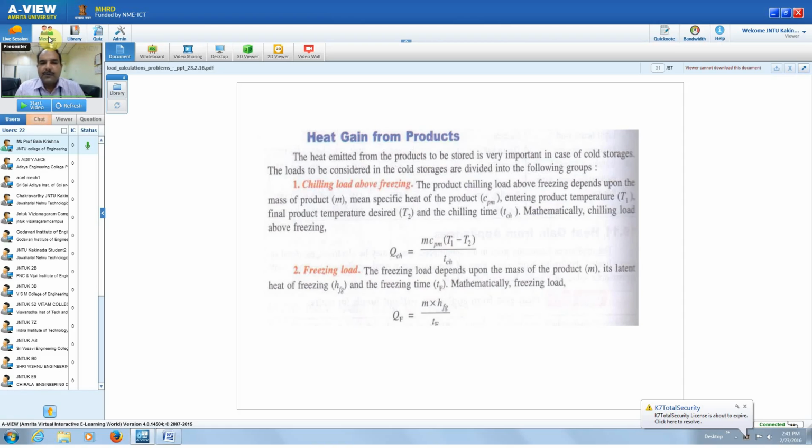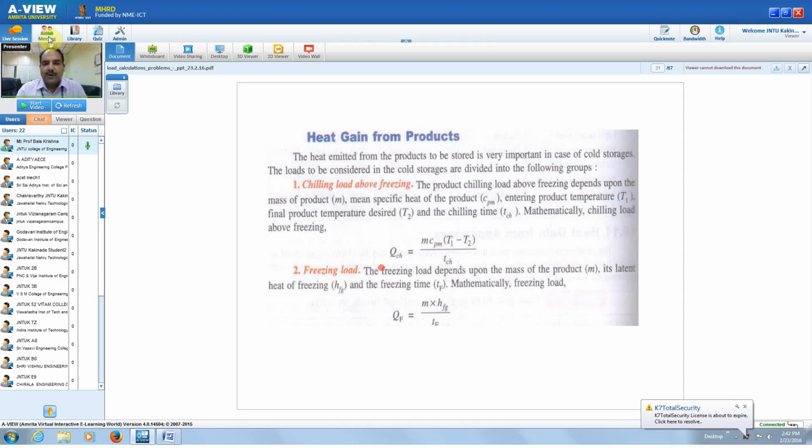The chilling load above freezing depends upon the mass of the product, mean specific heat of the product, entering product temperature, final product temperature, and the chilling time. Mathematically, the chilling load above freezing is Q = m Cp ΔT. Almost we know that m is the mass, then Cp is the specific heat, and ΔT is the temperature difference.